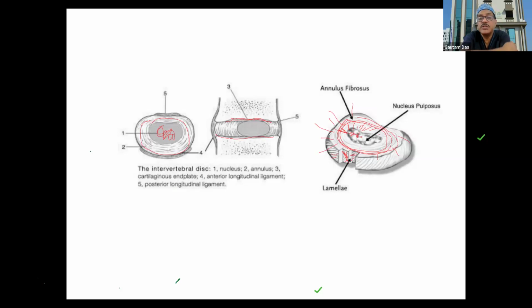And how does this diffusion take place? It is facilitated by fluctuation of intradiscal pressure. If we keep intradiscal pressure at a constant level, then the disc suffers more degenerative conditions. Why? Suppose we are giving bed rest, what will happen? Intradiscal pressure will be constantly low.